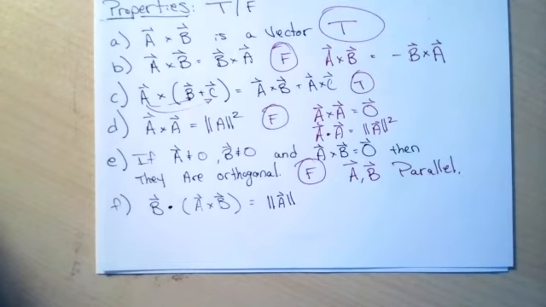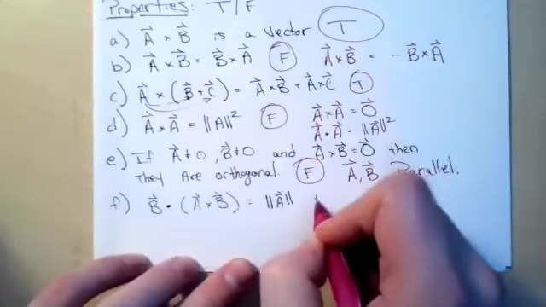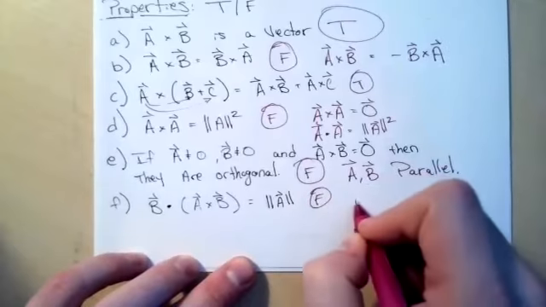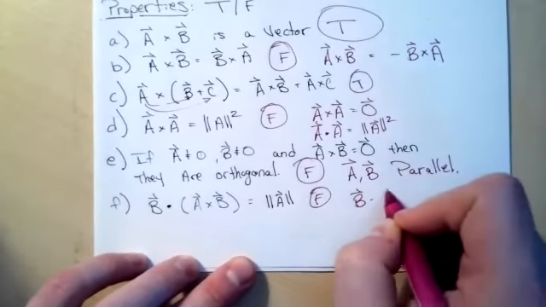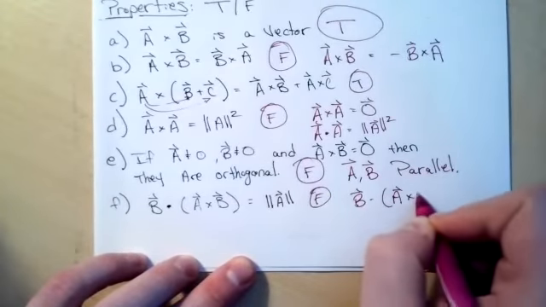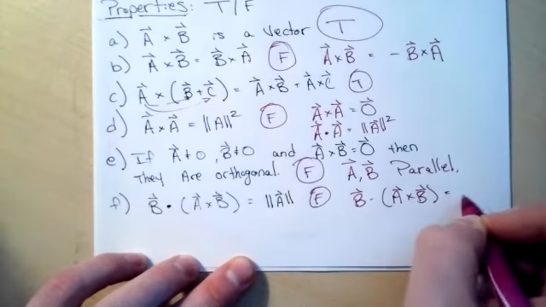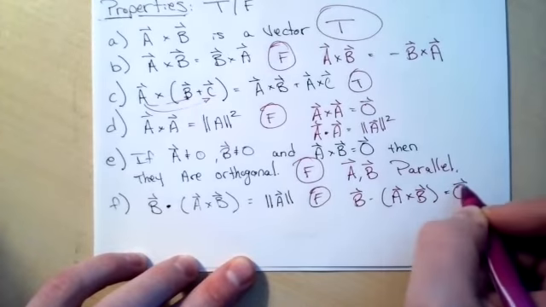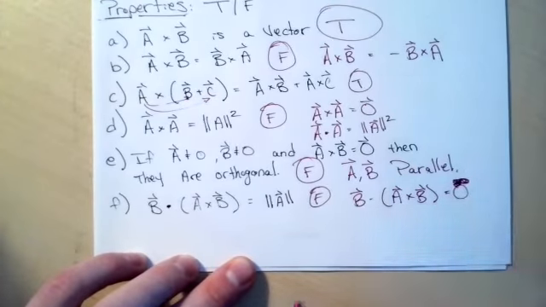We actually talked about this at the beginning, or at least in our example. Our A cross B we know is orthogonal to both A and B. So this one's false. B dot A cross B should be 0. Oh, sorry. Since we have a dot product, 0 scalar.